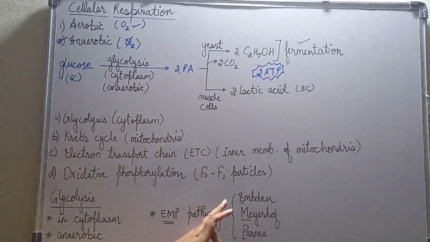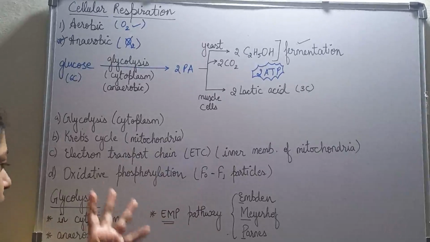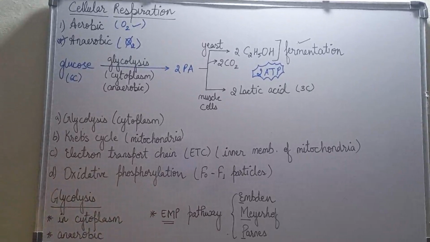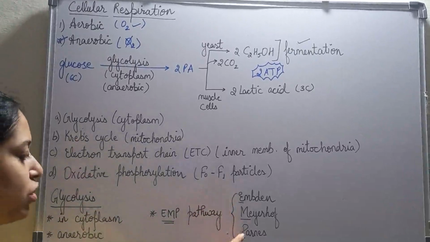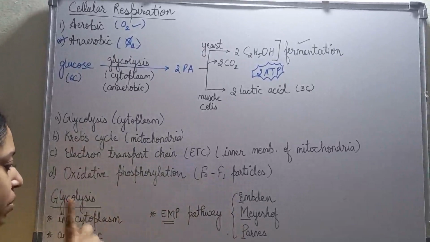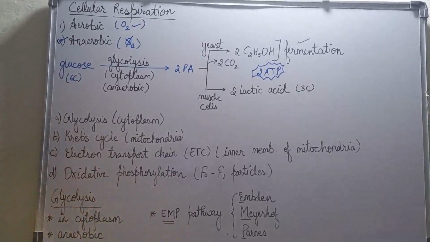These three scientists together studied glycolysis and gave us the concept of what happens in the glycolysis process. So on the name of these three scientists, this process is named the EMP pathway also. Remember, another name for glycolysis is the EMP pathway.